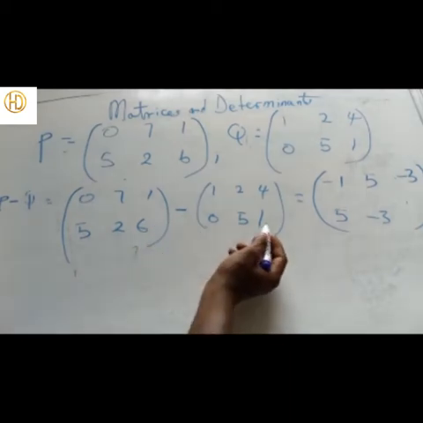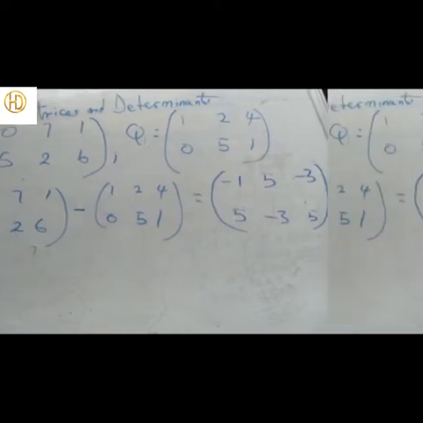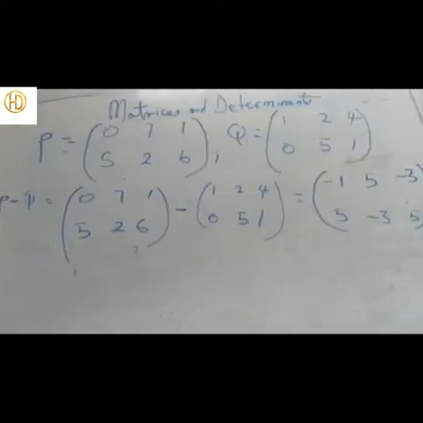Finally, 6 minus 1 will give us 5. These are just the simple ways of adding and subtracting matrices.